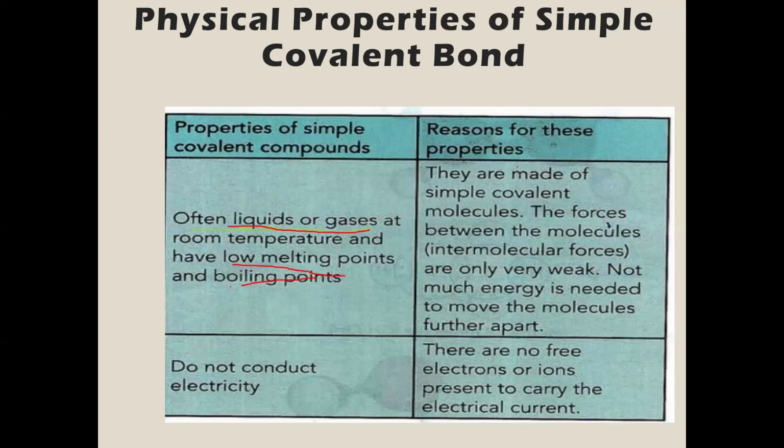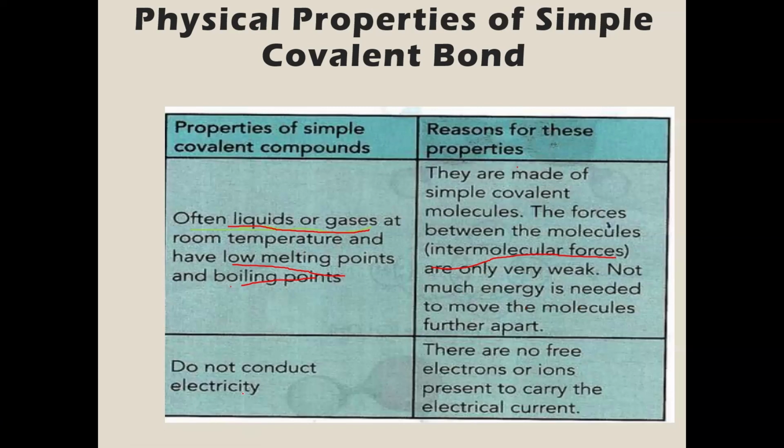The reason is that they are made of simple covalent bonds, and this bond leads to weak intermolecular forces between molecules. So to move the molecules apart from each other, we don't need much energy. Very low energy is needed to move them away from each other.